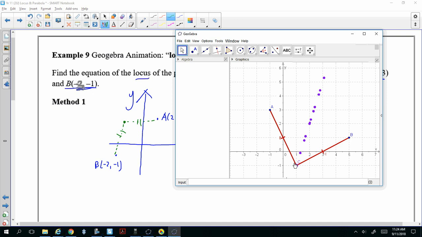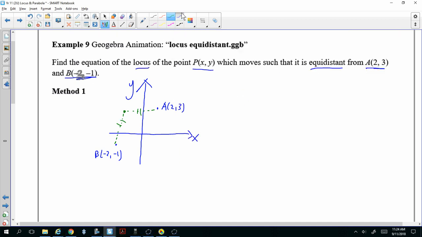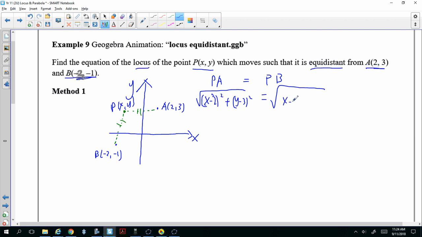So what we do is we use the distance formula. We'll call that point P(x, y), and we use the distance PA equal to PB. Right? PA is the distance, so you go (x minus 2) all square plus (y minus 3) all square equals to the distance from B, (x minus -2) square plus (y minus -1) square.